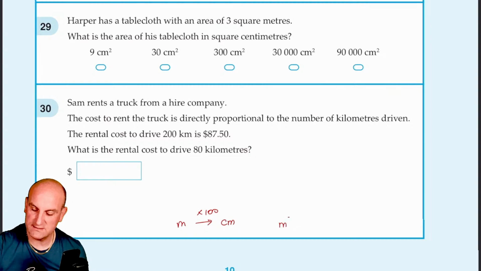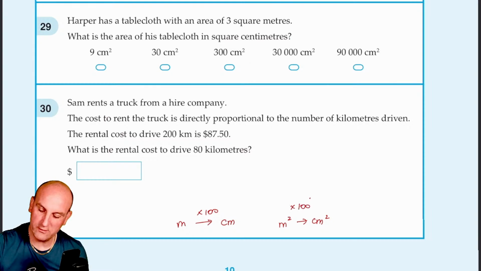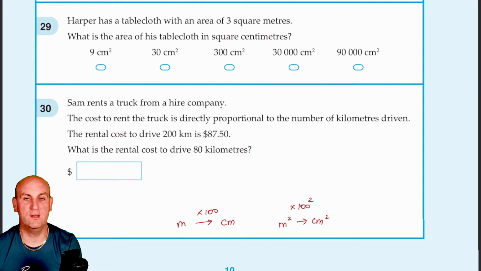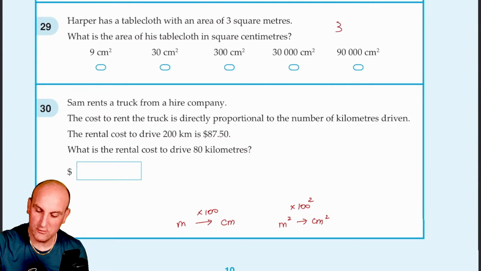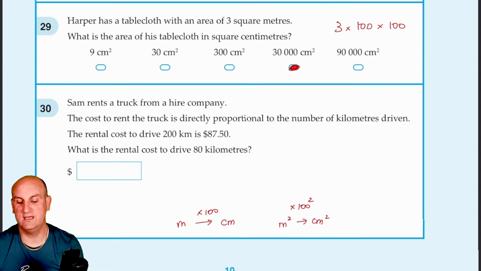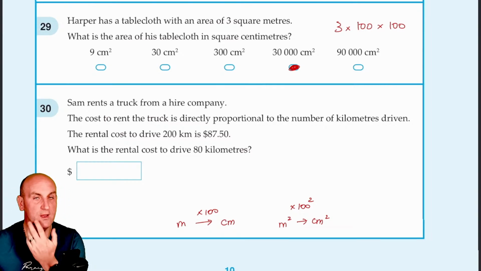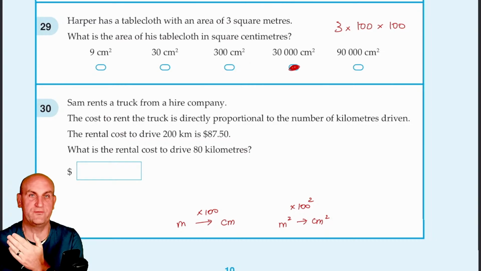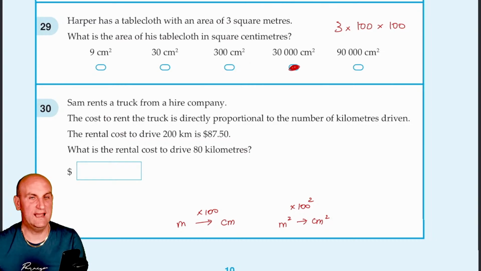If I want to go from meters squared to centimeters squared, which is what I'm doing, then I times by 100 squared. That's 100 times 100. So in this situation, I'm going to do 3 times 100 times 100. That's going to give me 3 and 4 zeros, and that would have to give me that one there. Now again, a lot of people get tricked here because they think all they need to do is times by 100, because from meters to centimeters, but you've actually got to go the other way around.